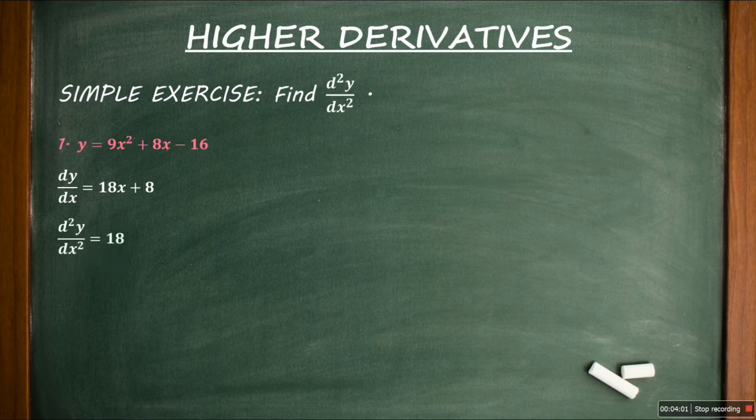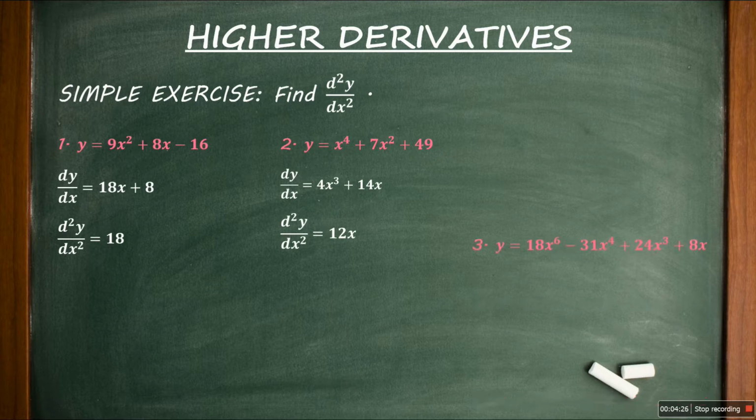The second derivative we will get 18 as a constant. For the second question, y equal to x to the power 4 plus 7x squared plus 49. The first derivative we will get 4x cubed plus 14x, and the second derivative we will get 12x squared plus 14 for the answer.